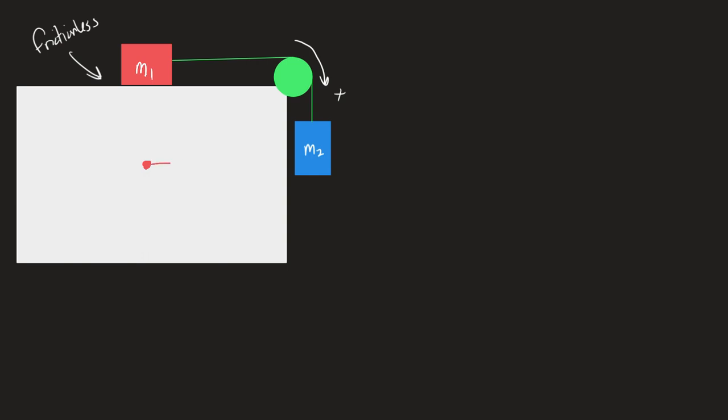It's going to be experiencing tension to the right, weight downwards, normal force upwards. Box on the table. What do you think? You can do this one. You don't need my help.